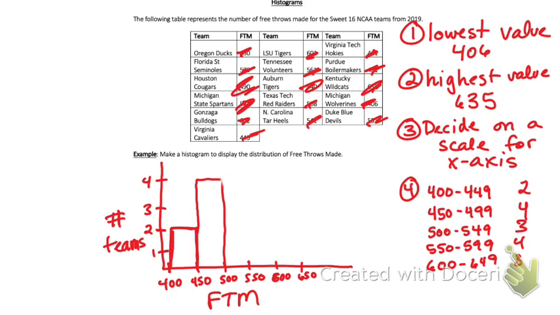And then 3. And then 4. And then 3. There's the histogram. Cool, right? Histogram bars touch, but bar graphs they don't touch, correct?